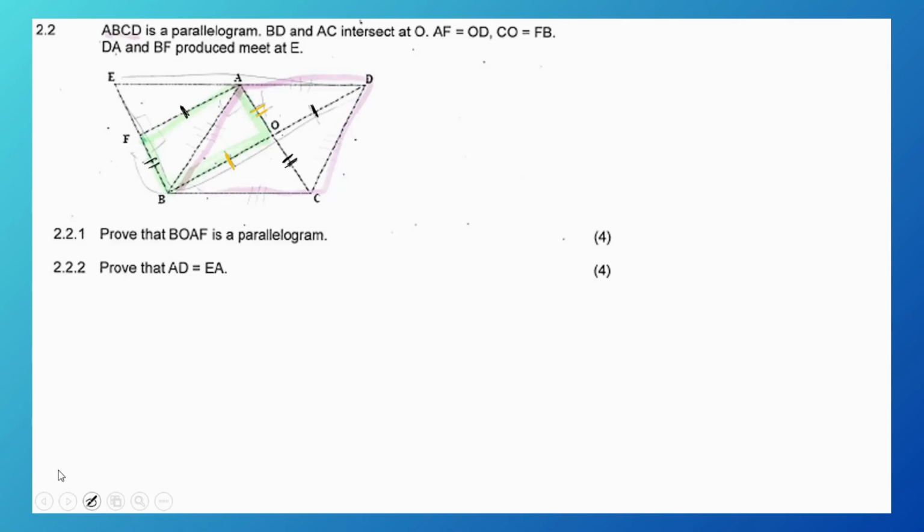So now, how to write that down. Let's start with 2.2.1. We're going to prove that BOAF is a parallelogram. It's 4 marks.